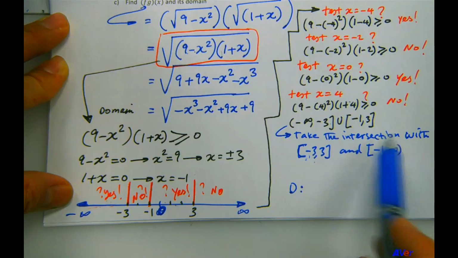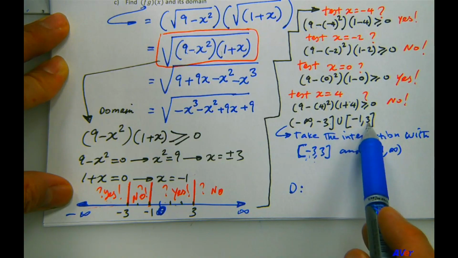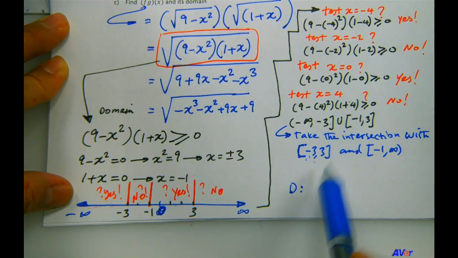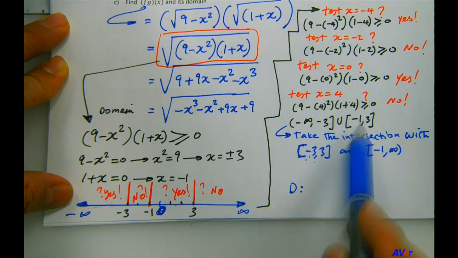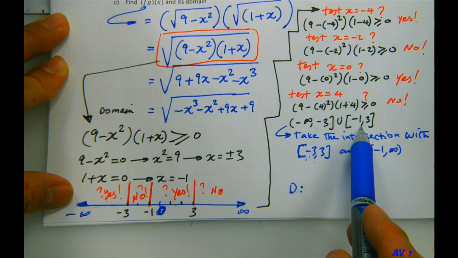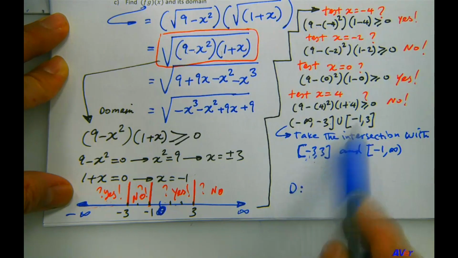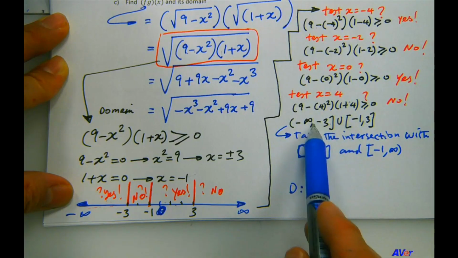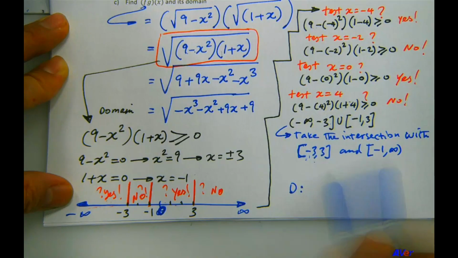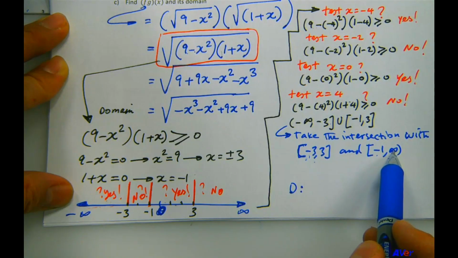We have negative 1, comma 3. That is part of this interval, but partly these overlap. And then negative 1, comma, infinity.